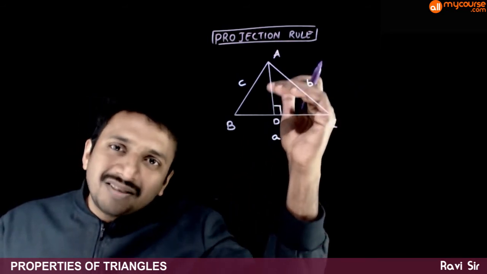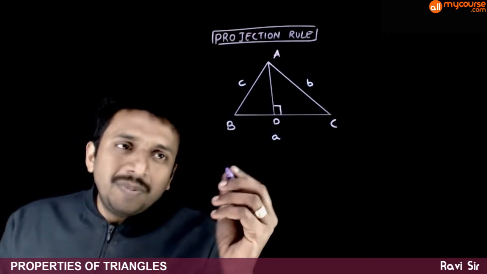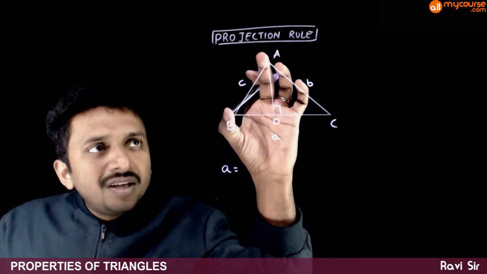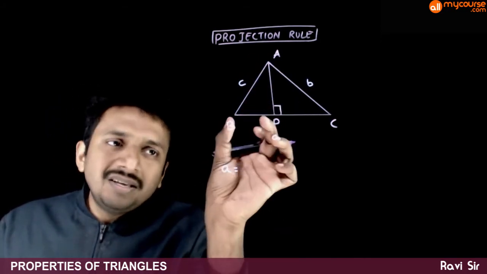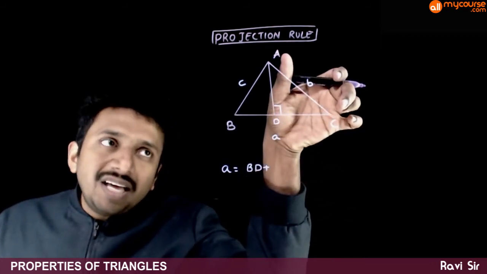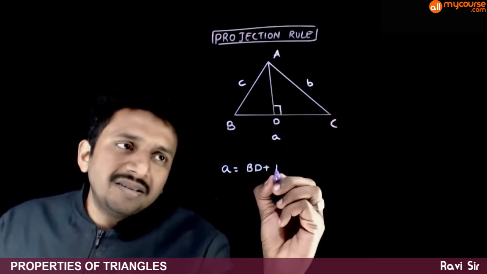Projection means the shadow, that is the vertical projection. So a is equal to, what is the projection of AB on BC? That's nothing but BD, plus the projection of AC on BC, which is DC.